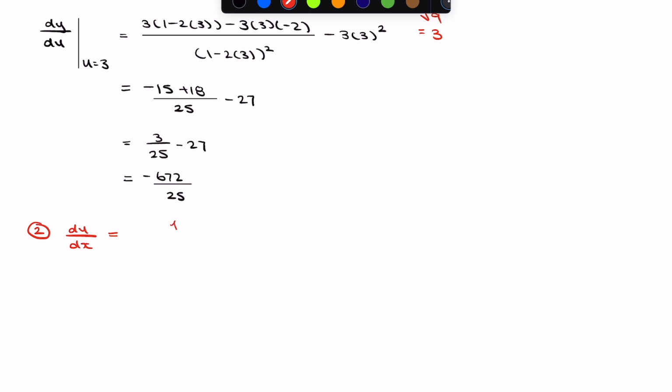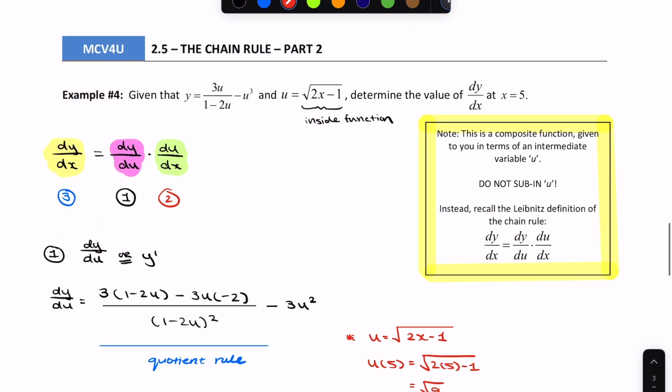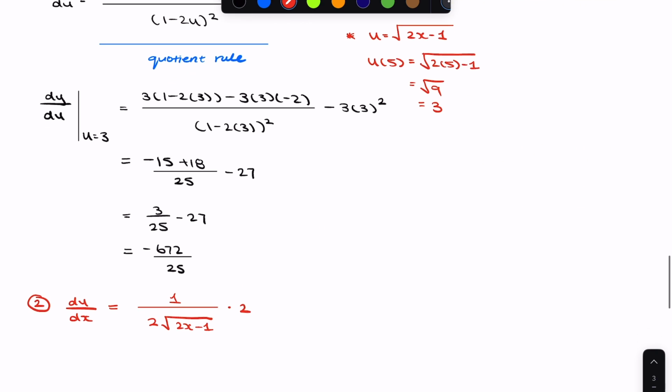So here we get 1 over 2 square root 2x minus 1, and then multiplied by the derivative of the inside, which is 2.